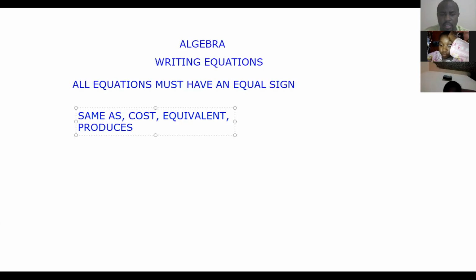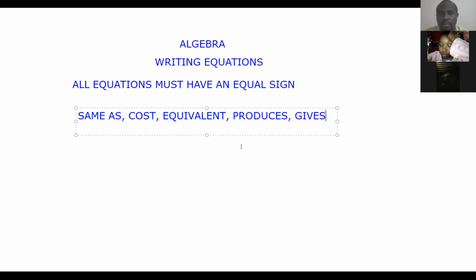Produces. That's another word that means the same thing as equal. Gives. All right. So these are 1, 2, 3, 4, 5 words that mean the same thing as equal.